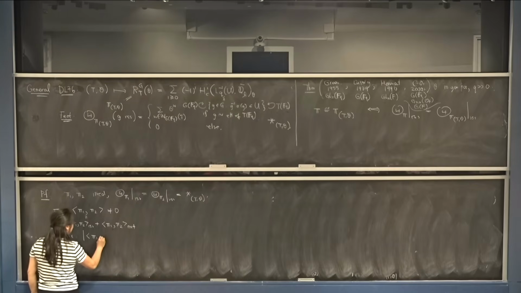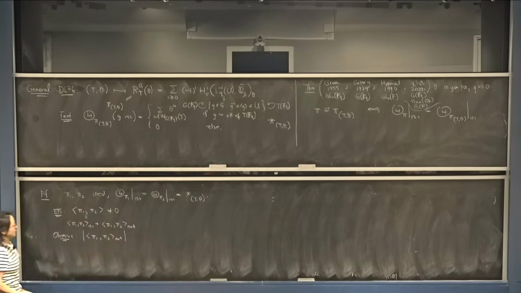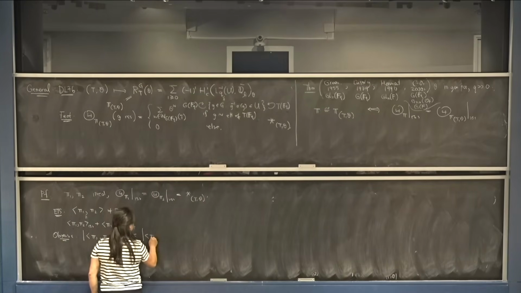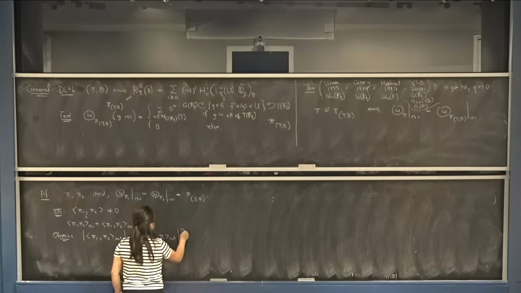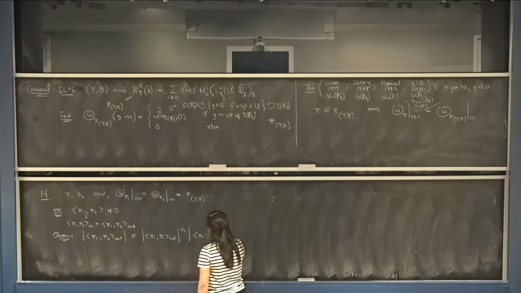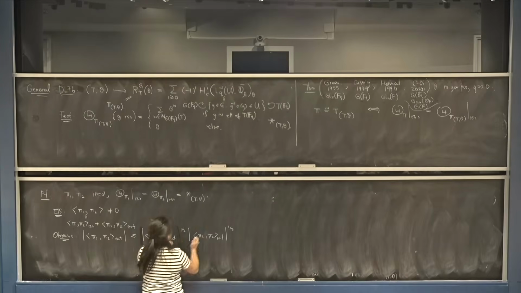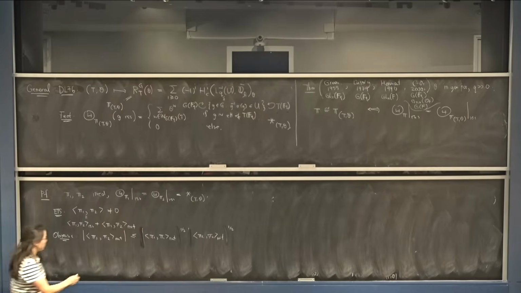Now observe. If I consider the not-regular-semi-simple part, then by Cauchy-Schwarz, this is less than or equal to the inner product of pi_1 with itself on the not part, to the 1/2, times the inner product of pi_2 with itself on the not part, to the 1/2. These things are automatically positive, so I don't have to put absolute values here.